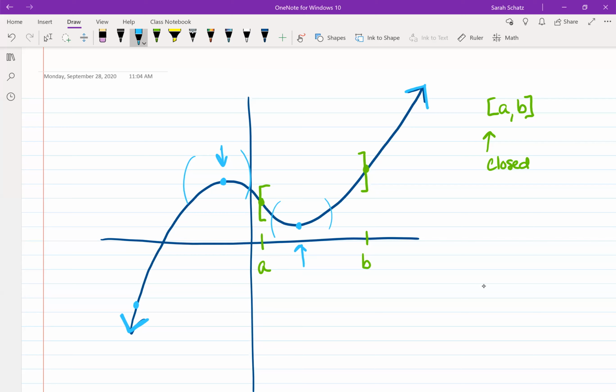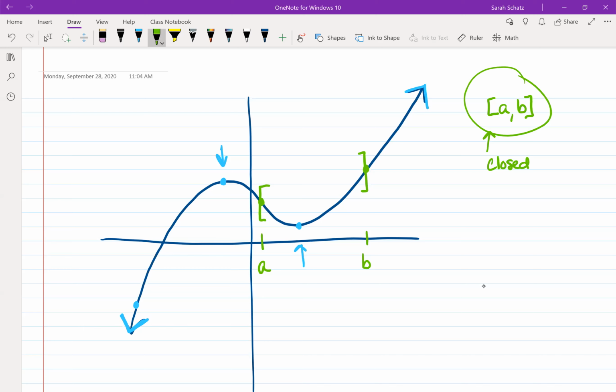So because we are restricted to only looking at one specific interval from a to b, there will be an absolute highest value in that interval, and there will be an absolute lowest value in the interval. So first of all, we want to note that we are on a closed interval.